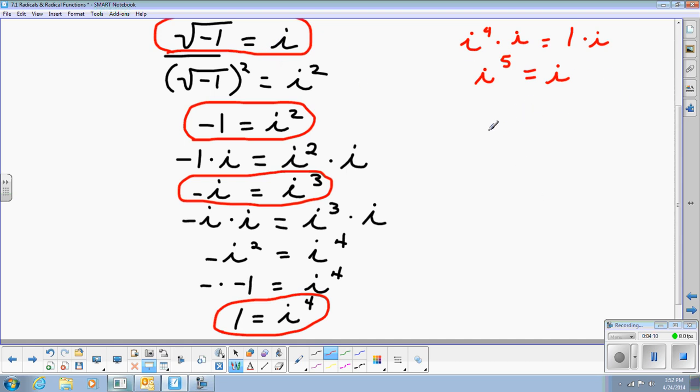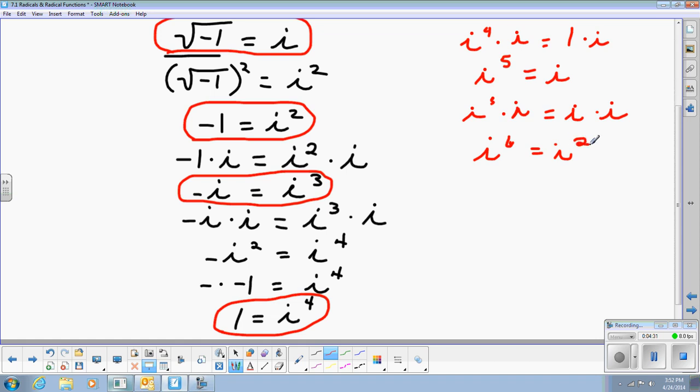All right, so what happens for i to the sixth? I take i to the fifth times i, which equals i times i. Well, i to the sixth is the same as i squared.